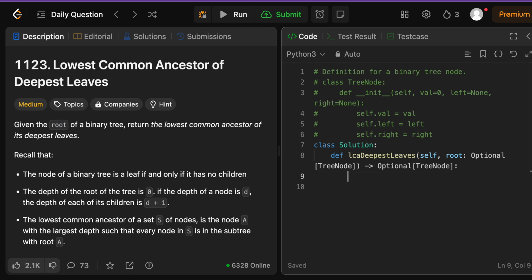However, if one subtree is deeper, whether the left or the right, then the LCA has to be in that deeper subtree, so we return that deeper subtree's result for that call of the function, and recursively explore the child nodes from there. Once we fully complete our recursion, we're going to return the LCA of the deepest leaves, once we fully compute the function and all of its calls across all the nodes in the tree.